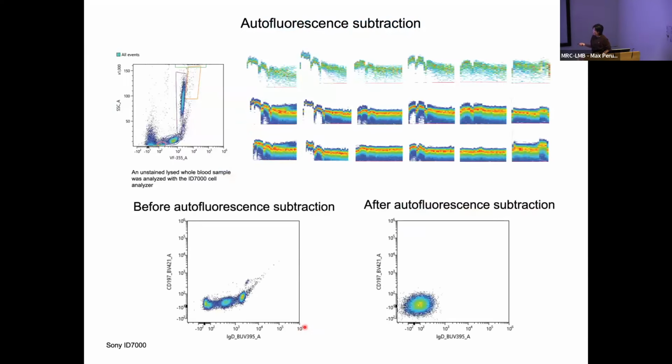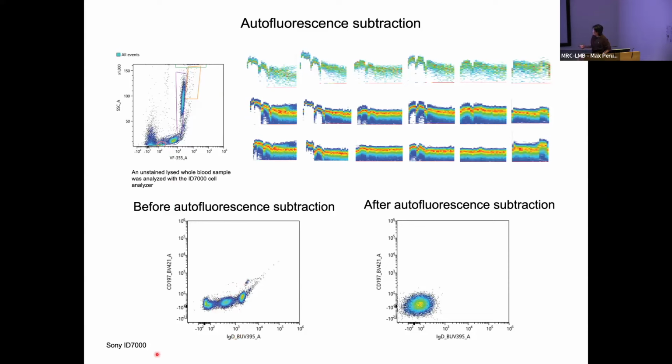Another advantage of the spectral technology is autofluorescence subtraction. I give an example here. This is a sliced whole blood sample, and we can see on the unstained sample, we already have this background coming from various populations from this blood sample, and any signal from BUV 395 will be masked.